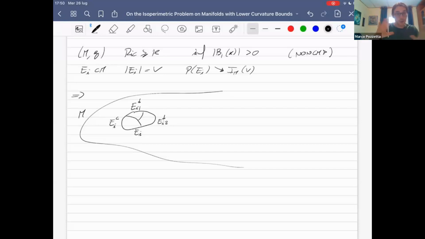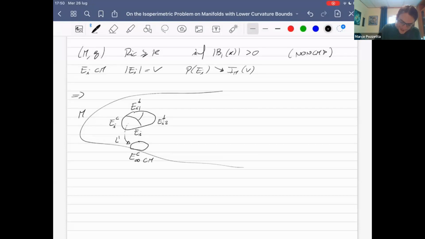And maybe one of those can be empty, but the fact is that E_i^C converges in L^1 to a set E^C_infinity inside M, while the other two pieces go towards infinity. How can I say that they go towards infinity?